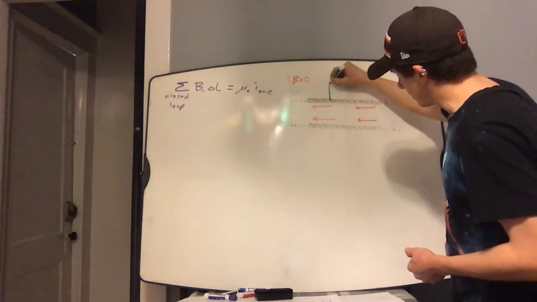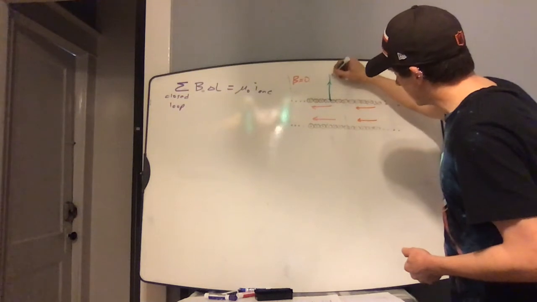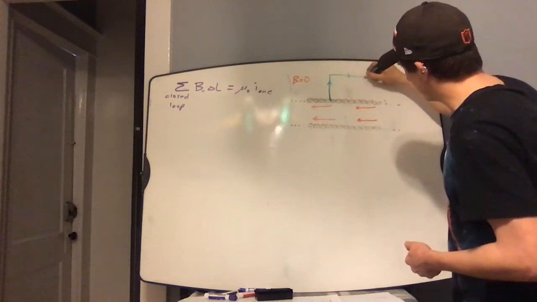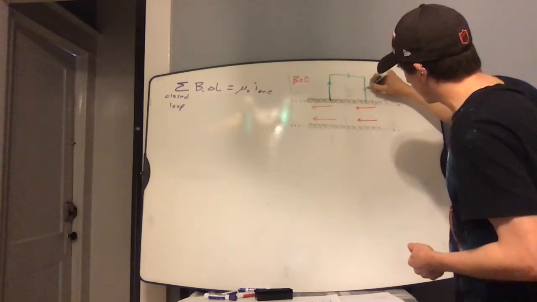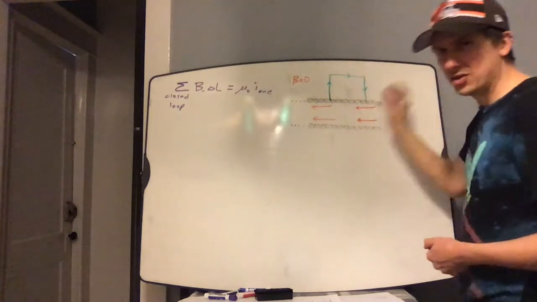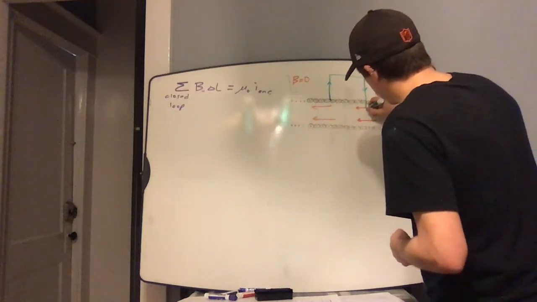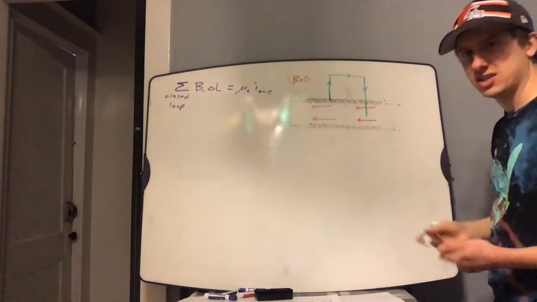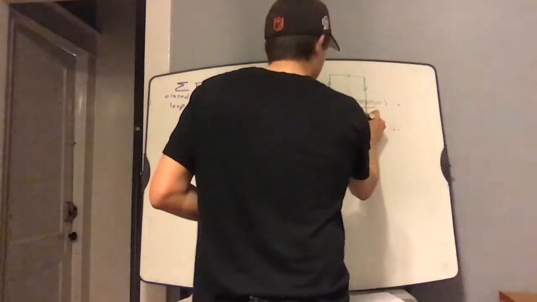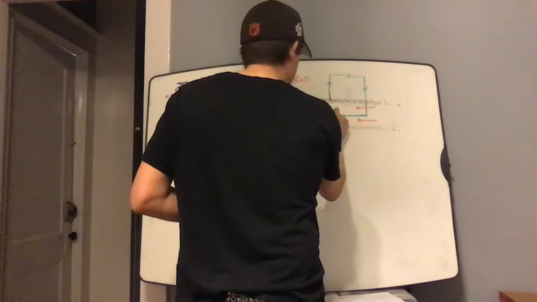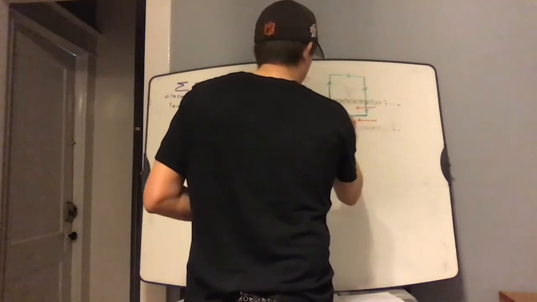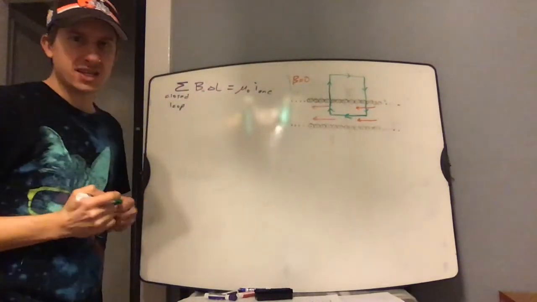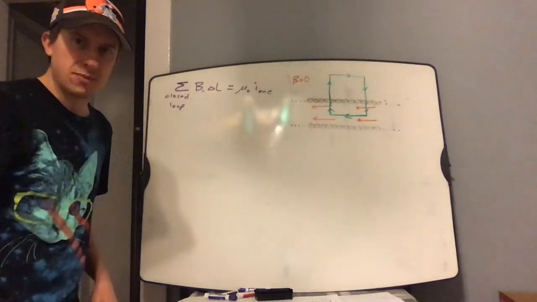I will walk straight upward, and then I will turn and walk to the right, and then I will turn and walk straight downward, and I'm going to walk between the wires and walk down even more. Somewhere inside the solenoid, I'll turn and start moving to the left. And then I am going to turn and walk straight up, and I came back to my starting point. So I am going to choose this to be my closed loop.